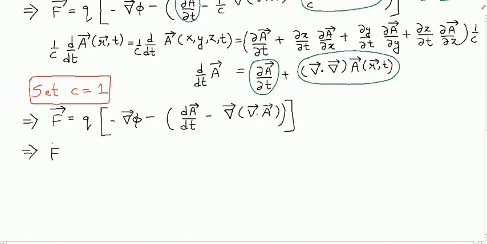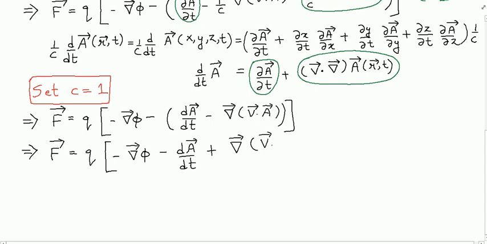Okay, so F equals q, and then minus gradient of phi and minus dA divided by dt, and then there is plus gradient of v dot A. Okay, this is quite clear till now.